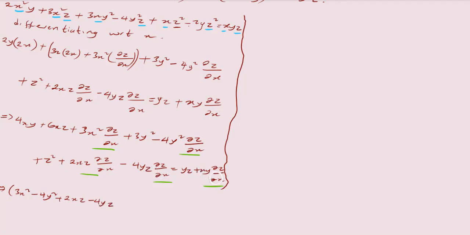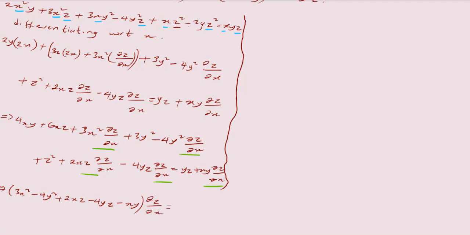Then this is xy dz. Bring it to the other side, it becomes minus xy dz. So the zds is common in everything, so I just factorize immediately.